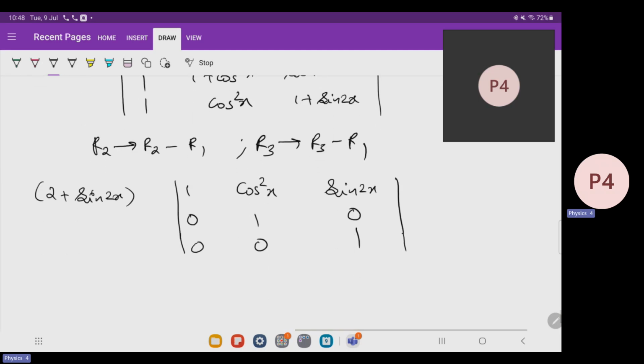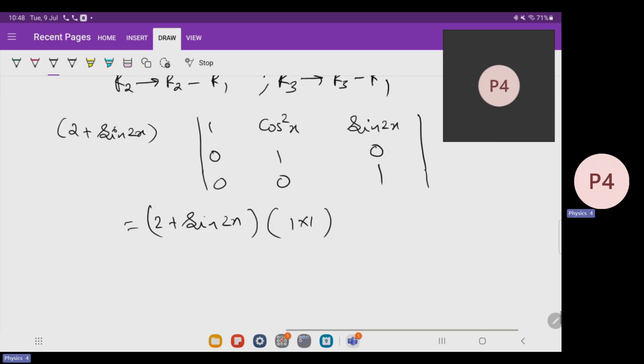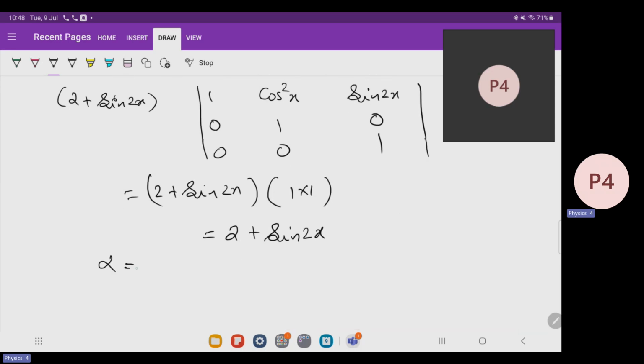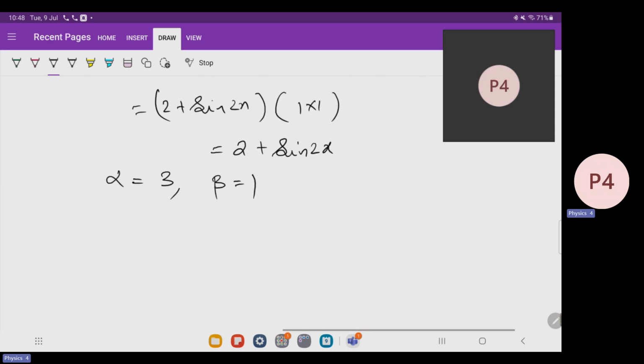So expanding using column 1, 2 plus sin 2x, this is 1 into 1 and the remaining is 0. So the simplified form of the determinant is 2 plus sin 2x. So what will be the maximum value? That will be when sine is 1, so that is 3. Minimum value is when sine is minus 1, that is 1.